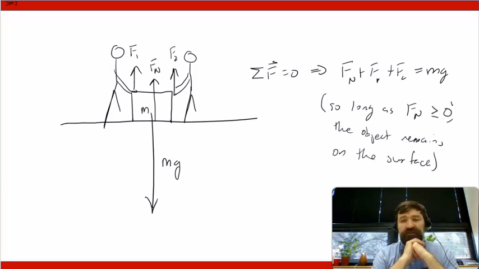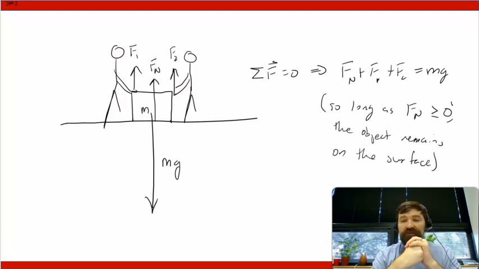Now this statement may seem very simple, but it actually can be broadened a bit. Essentially, this force Fn between an object and a surface is the contact force between the object and the surface. And that means that as long as that force is greater than or equal to 0, meaning as long as it is upward away from the surface in some way, it follows that the object remains in contact with the surface. So that's true whether we're trying to lift it.